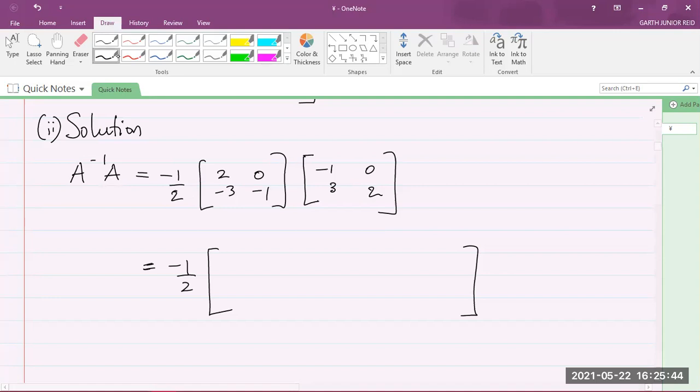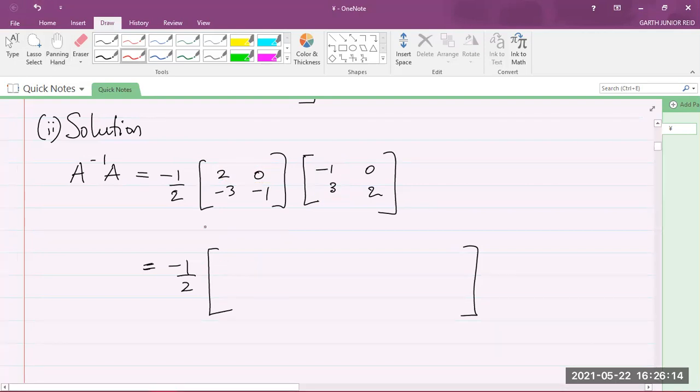I'm now going to multiply the first row by the first column. In my resulting matrix, that element will be in the first row, first column. Let's write in our entry.